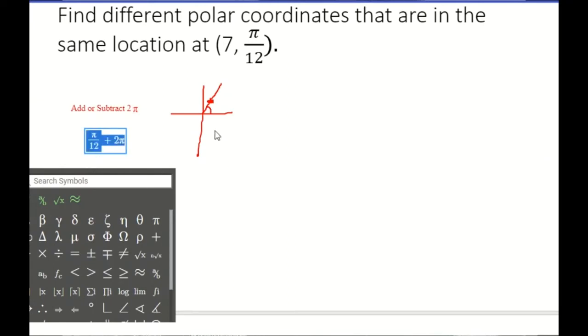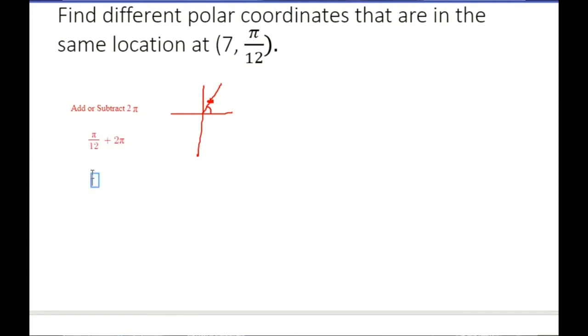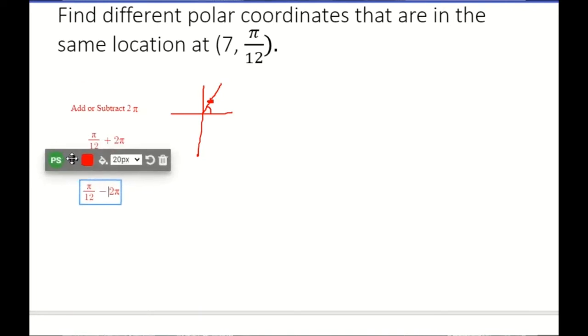And we also could subtract 2 pi, because remember, if I subtract 2 pi, then I'm going to rotate in the clockwise direction. So adding 2 pi is going to rotate the counterclockwise direction, but subtracting 2 pi will rotate in the clockwise direction. So both of these should be able to allow us to compute another point that's in the same location.